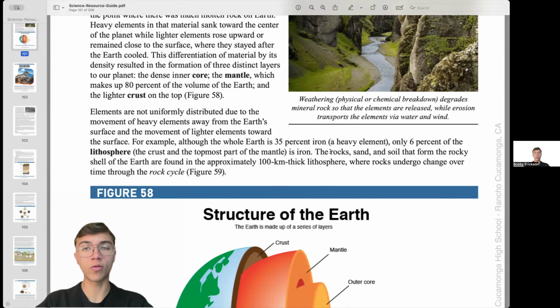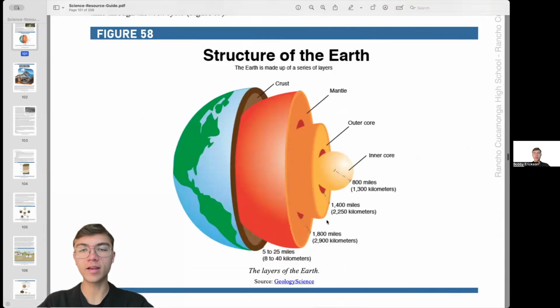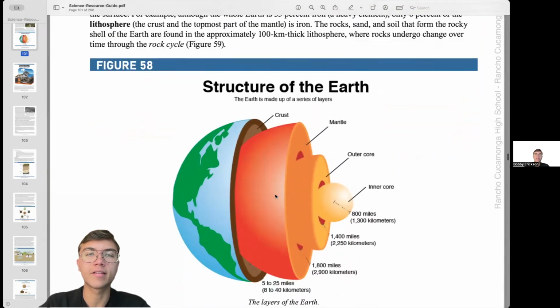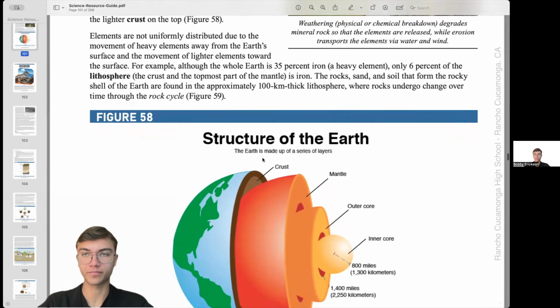A lot more rocks, sand, and soil make up the Earth and are found in the approximately 100-kilometer thick lithosphere. So think about 100 kilometers in, just a bit more than double the crust, and we get into the mantle as well for that lithosphere.